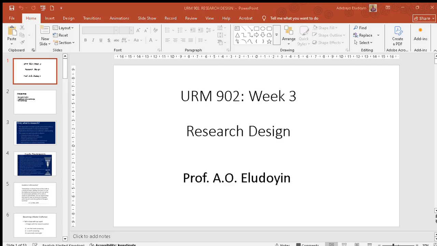It's not when you get to the field that you will start talking about the research. So these decisions planned in advance make up the master plan of our research, specifying the methods and procedures for collecting and analyzing data for a particular research.